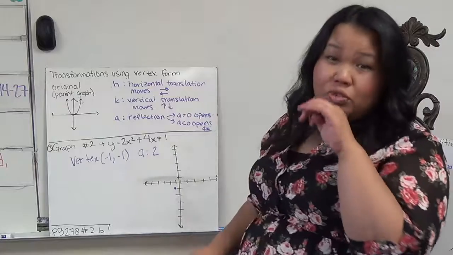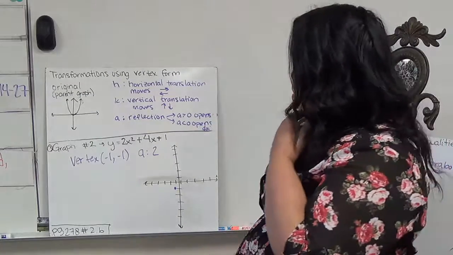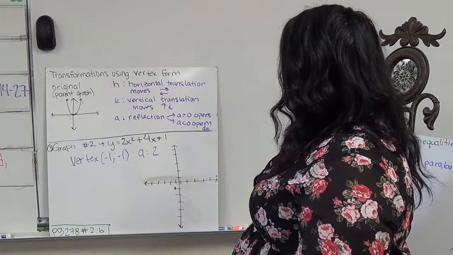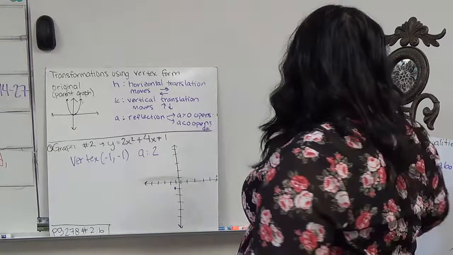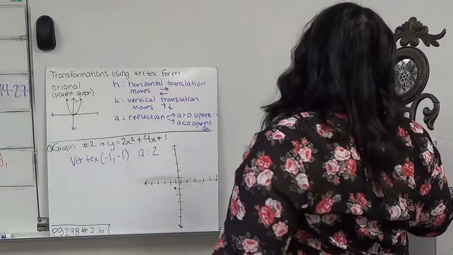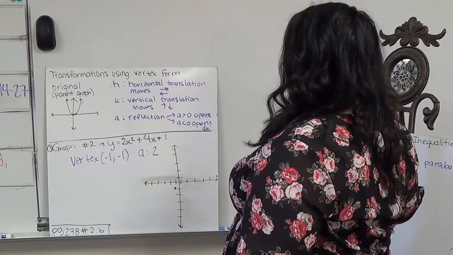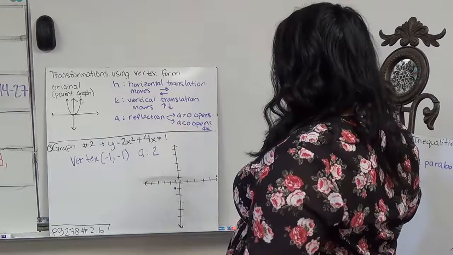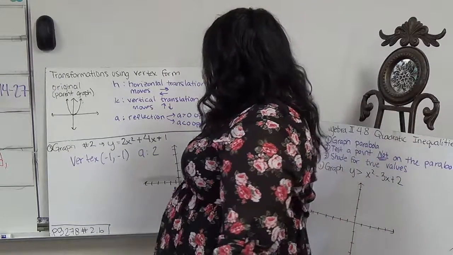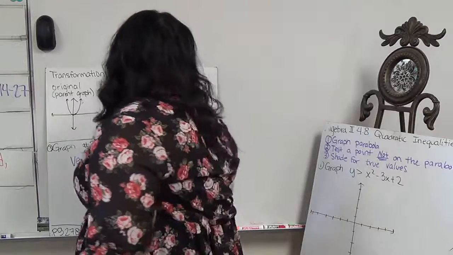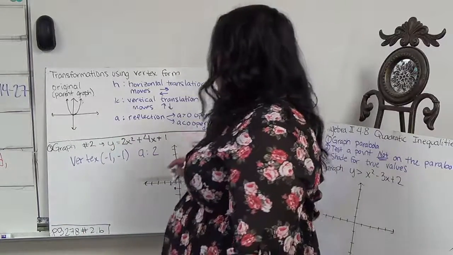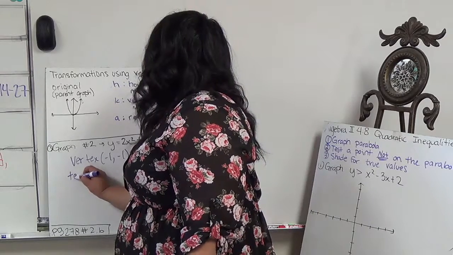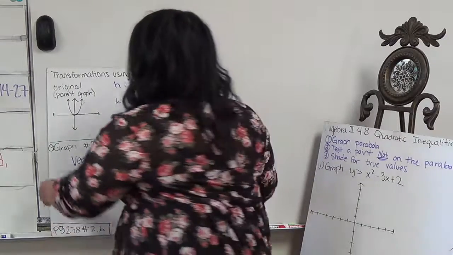Now, it tells me that I moved 2, but what I'm going to do is I'm just going to first find, what am I going to do? I'm going to test a point. So let's say this is 1 away, so I'm going to test 0. See how 0 is not on the vertex, as long as it's not on the vertex, I'm going to test the point. So I'm going to plug in x equals 0.